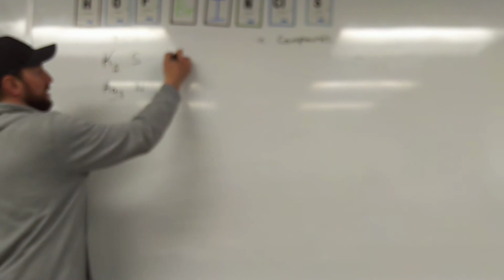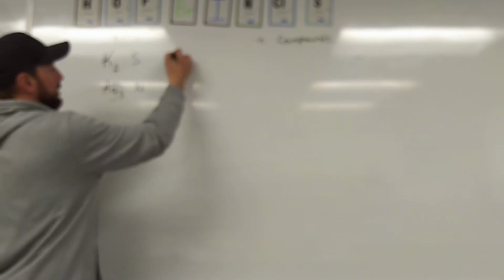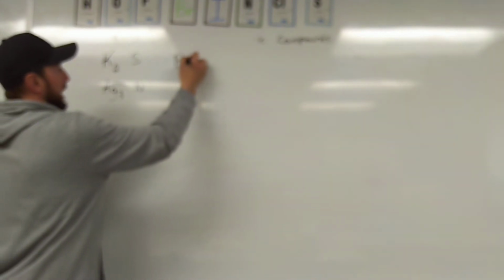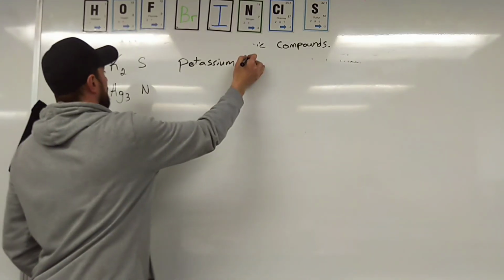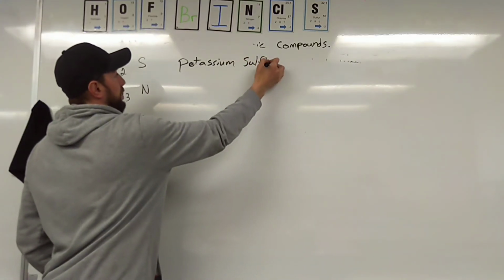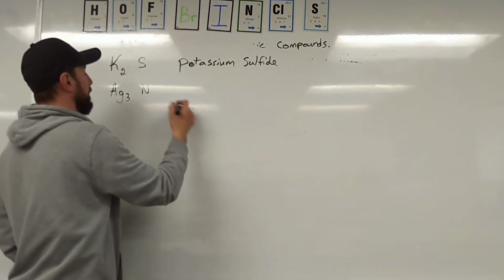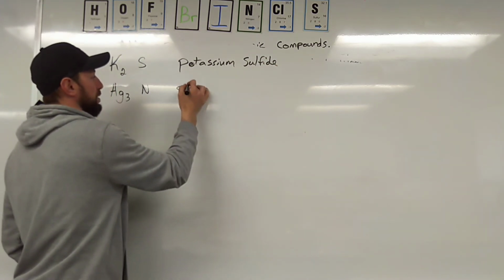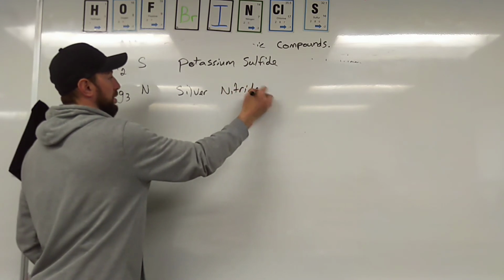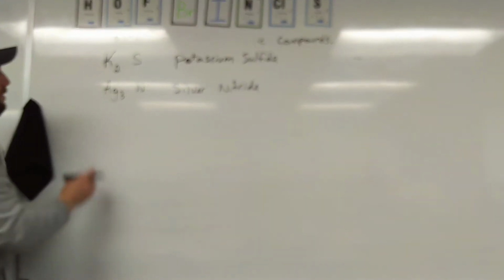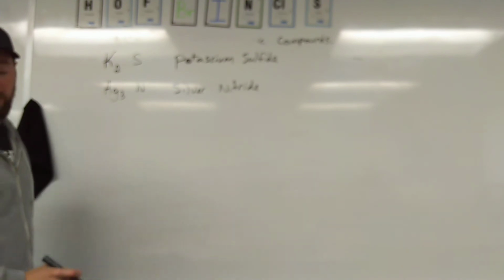K2, potassium. S, sulfur. So potassium sulfide. Ag3N, silver nitride. Okay? You guys get the idea?